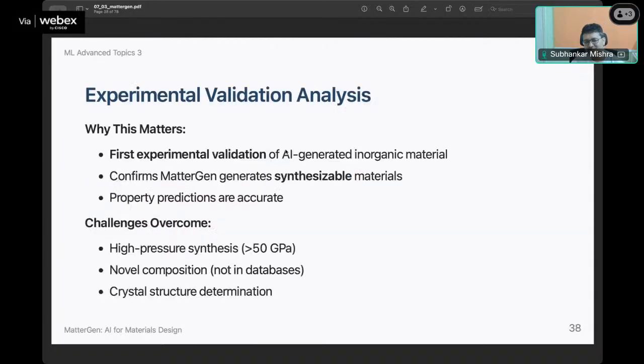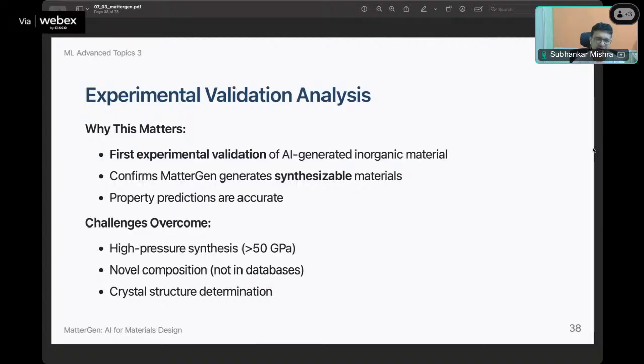And this part is what made the paper very strong, right? They were the first to experimentally validate an AI generated inorganic material. This confirmed that through diffusion, equivariant networks, conditioning, some post processing, and training on large databases, we can actually produce synthesizable materials.